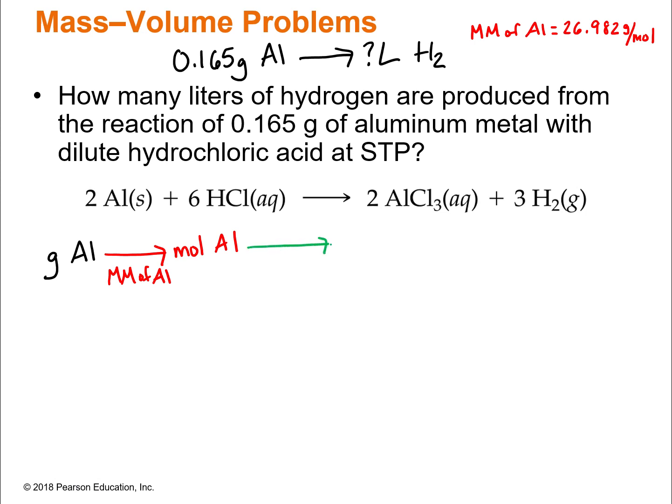We use the balanced chemical equation to write a mole ratio that tells us how much hydrogen gas we produce. Then we use molar volume, because we can take the number of moles of hydrogen gas and convert to a volume because the reaction is occurring at STP.